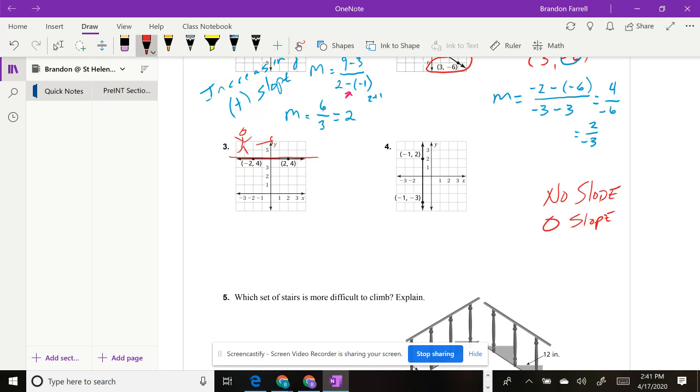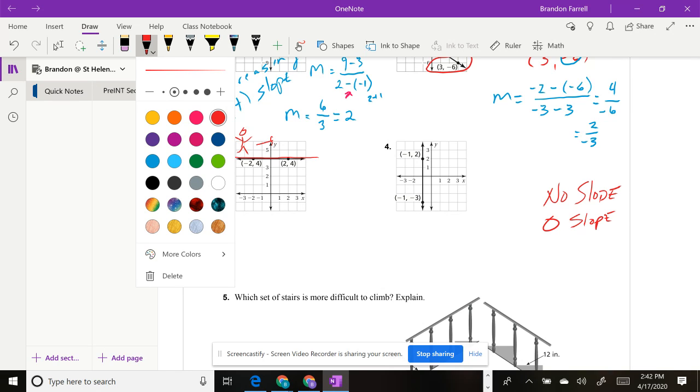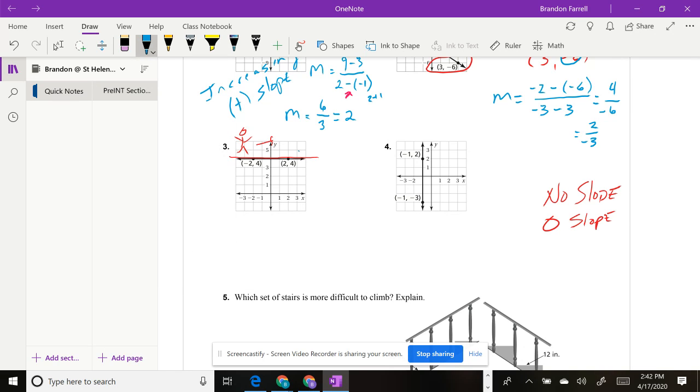It's either one of those two, and we're going to figure out which one this is by taking the same formula that we've been using. We're going to use 2, 4 and negative 2, 4, and we're going to subtract. So the slope value is going to be 4 minus 4 over 2 minus negative 2.